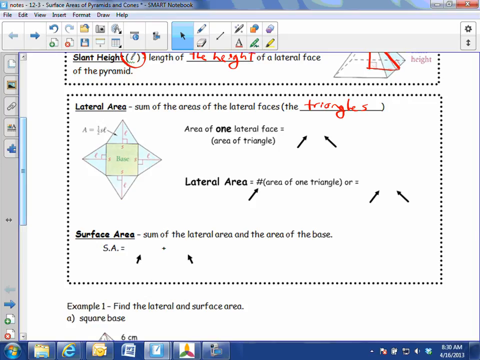Okay? So the area of one lateral face is going to be 1/2 times the base, they call it S, where S is the base edge, times the height, which is the cursive L, the slant height.